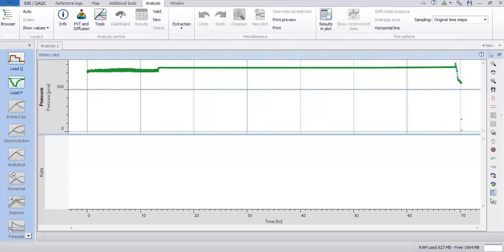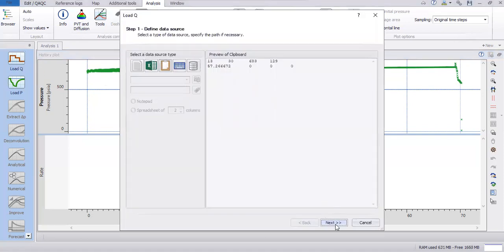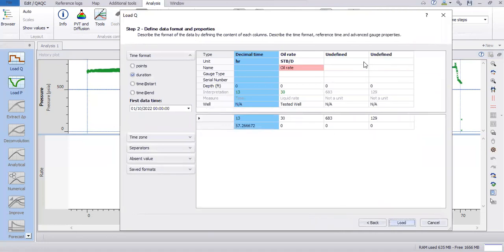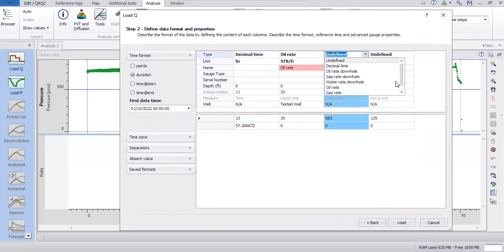Okay, thanks for your patience. So I've prepared my flow rate. So this is my flow rate data. And then this one, water rate. So actually the flow rate is not big.